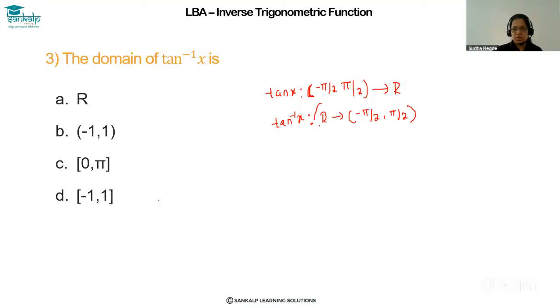It's clearly R. Check the options. So, option A, R is the correct answer. Therefore, the domain of tan inverse x is option A, R. Thank you.